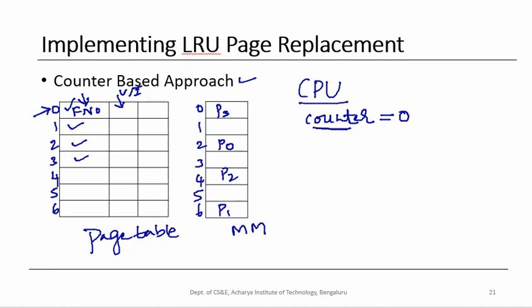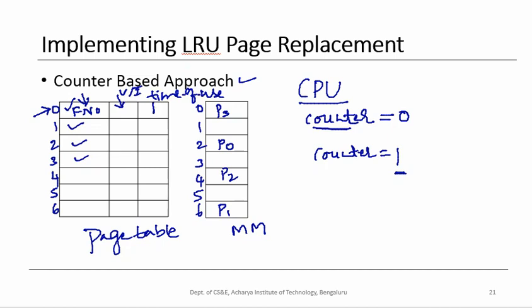When the reference is made, we increment the value of the counter. So the counter becomes 1 now and this value is copied onto this field. I can call this the time of use field.